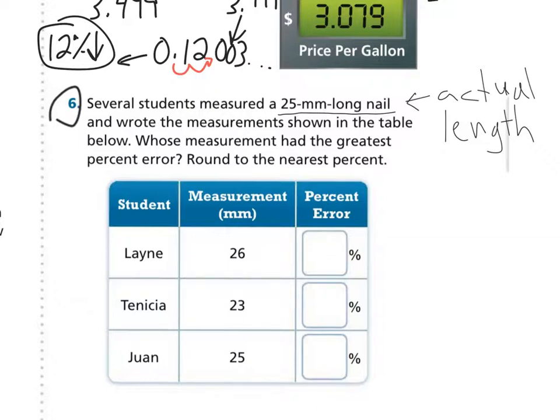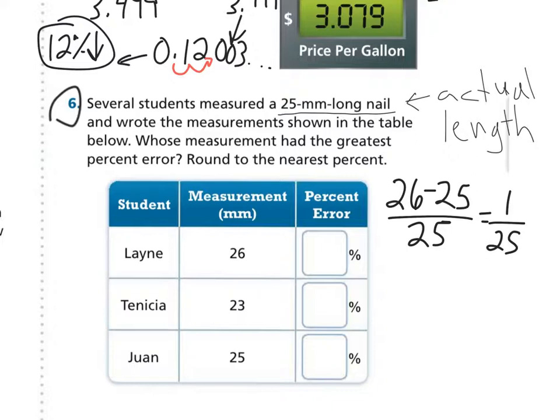So for Lane, we could figure 26 minus 25, that's the change, divided by the actual. So that's 1 over 25. If we multiply both these by 4, that'd be 4 over 100, which would be 4%. Or you could divide it out. It would be 0.04, which is 4%. Tanisha is a little further off on the low end, actually.